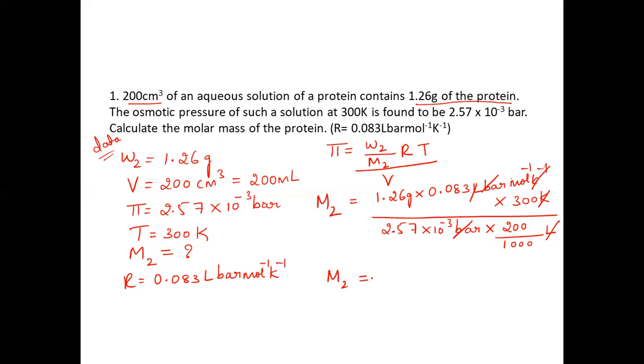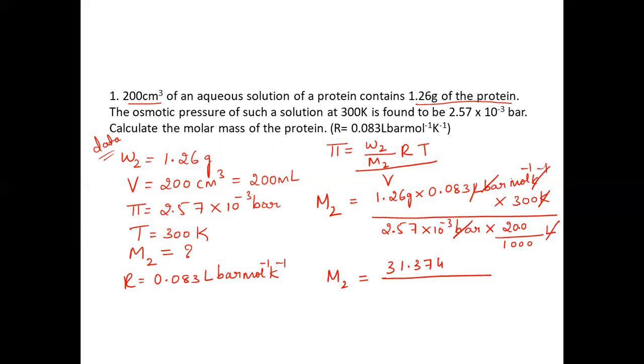So let us calculate the numerator value. 1.26 into 0.083 into 300. In the numerator I got 31.374. Simultaneously, you can also cross check the values. In the denominator, we have 200 divided by 1000, so that is 0.2.